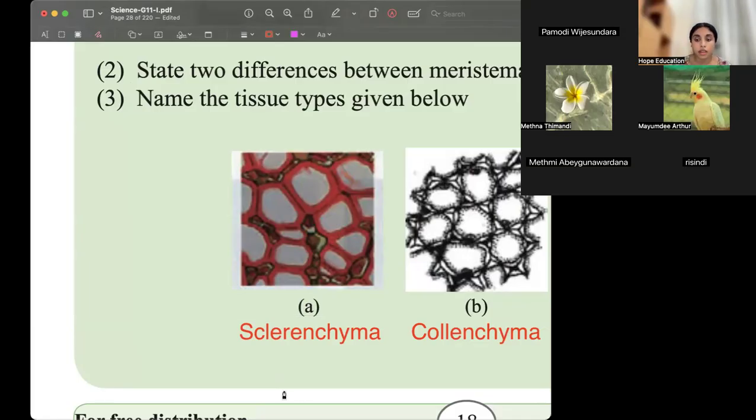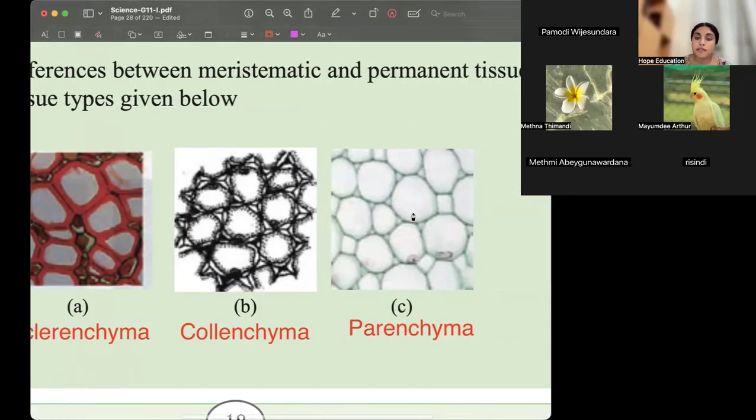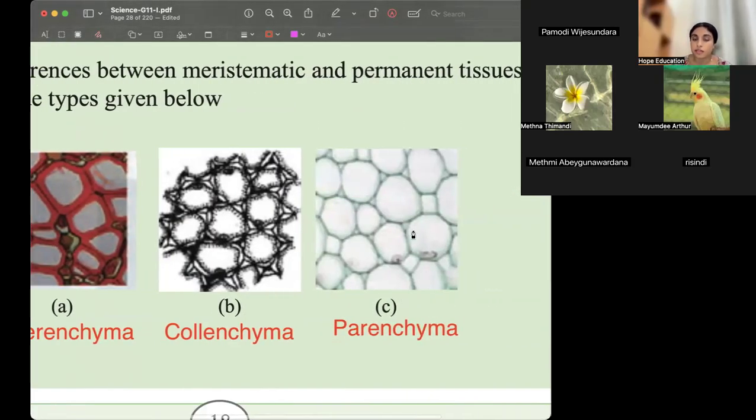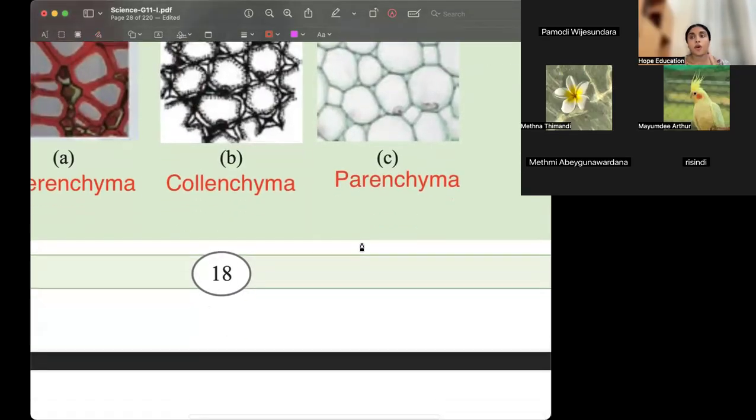But A is not parenchyma, A is sclerenchyma. Parenchyma has a slightly round shape like this. It is not perfectly circular, but it has a round tendency. That is parenchyma. Okay? All right, let's move on to the next question.